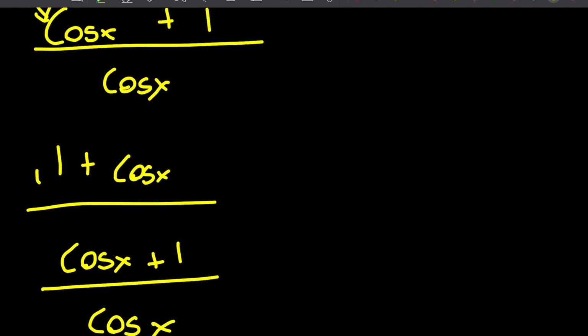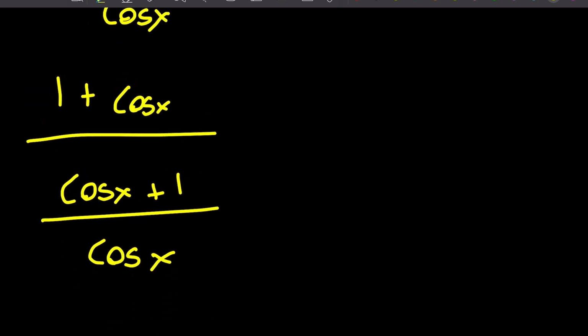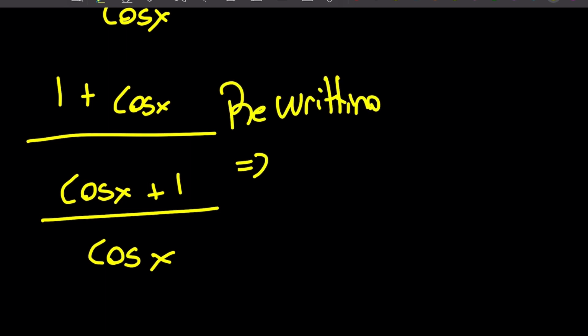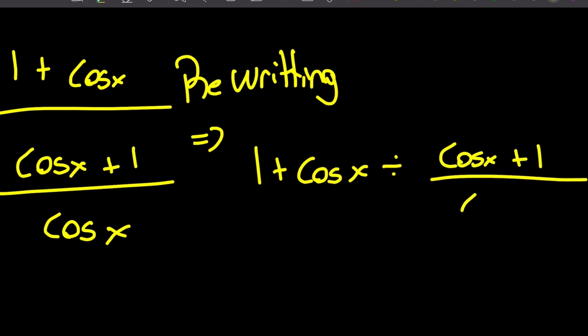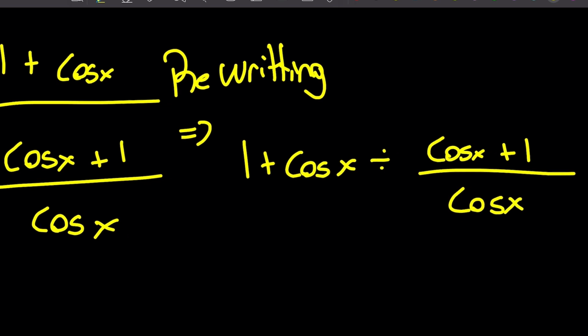Now, this is just the same thing as saying (1 plus cos x) divided by (cos x plus 1 over cos x). So I'll rewrite it in this form. So we'll have (1 plus cos x) divided by (cos x plus 1 over cos x).